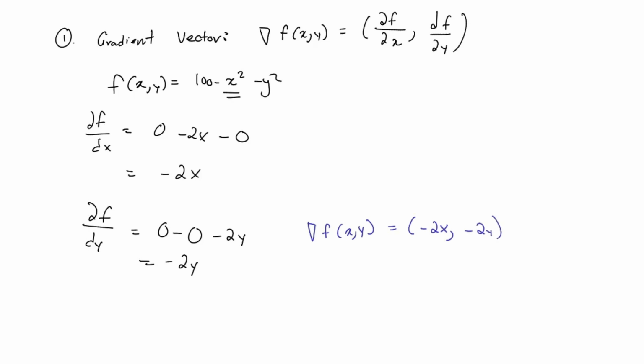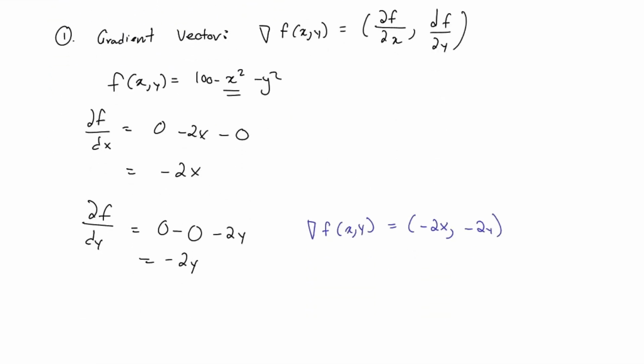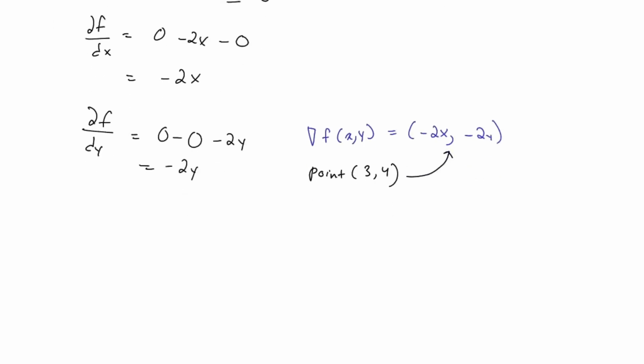Now, they gave us a point, which is (3, 4). So this just tells us to plug this into this. Let's say I have an x that's 3 and my y is 4. So let's plug that in. This is a better way to write it, because this is what we're supposed to do.